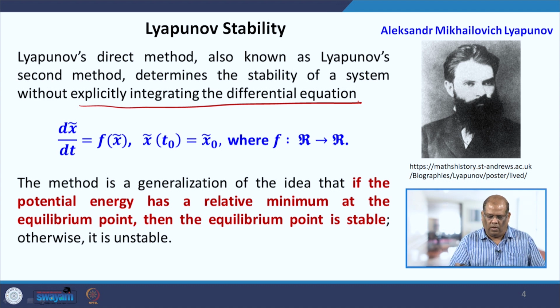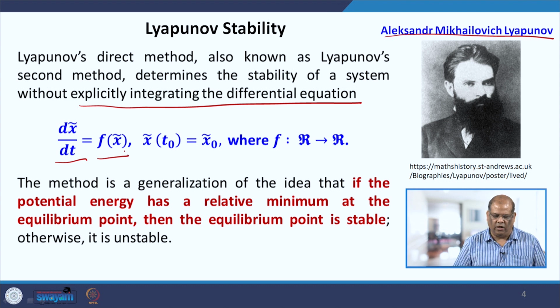The man who gave this idea is Alexander Mikhailovich Lyapunov, and his concept is that if you have a differential equation dx dt equal to some function of x with an initial condition, then if the potential energy has a relative minimum at the equilibrium point, then the equilibrium point is stable.